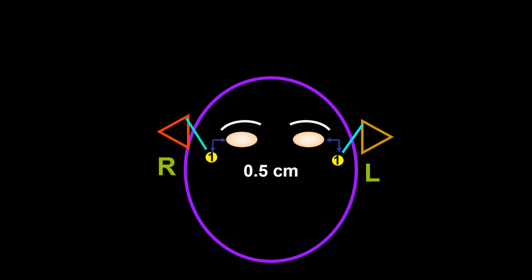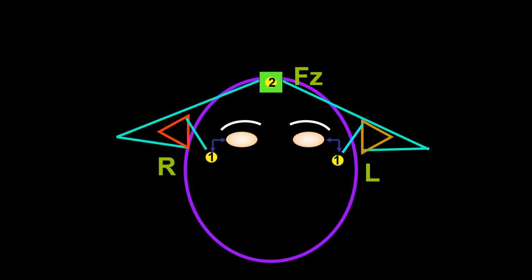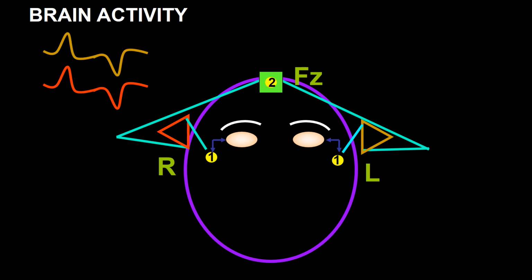The right eye electrode is also placed 0.5 centimeters lateral and below and plugged to the G1 of the amplifier on the right. Then an electrode is placed at FC and it is connected through G2 to both amplifiers. With such a montage, electrical brain activity will appear as in-phase waves, that is, the right and the left going in the same direction.